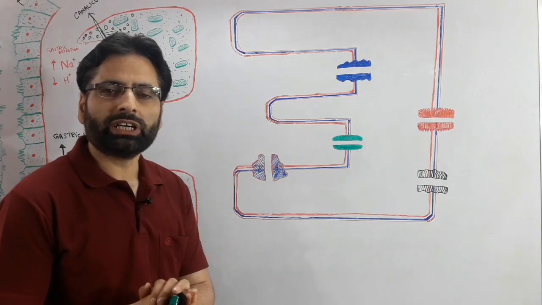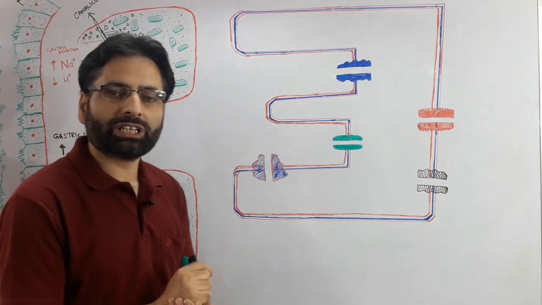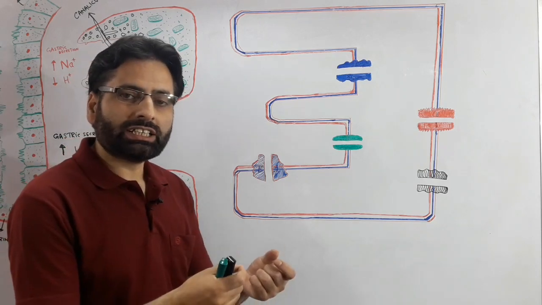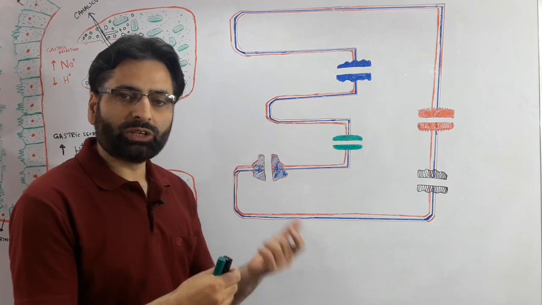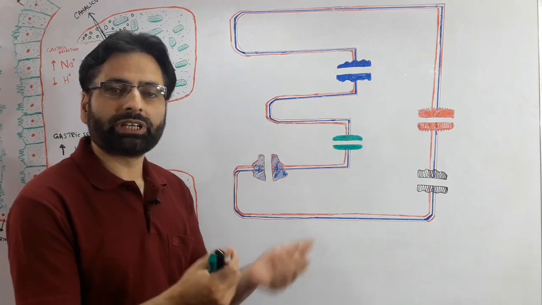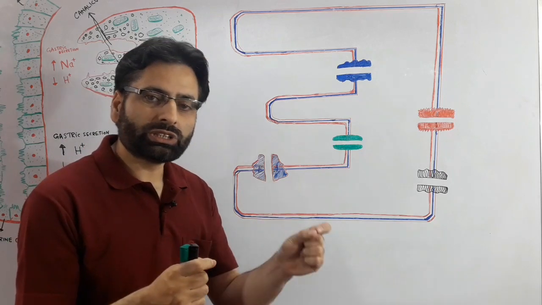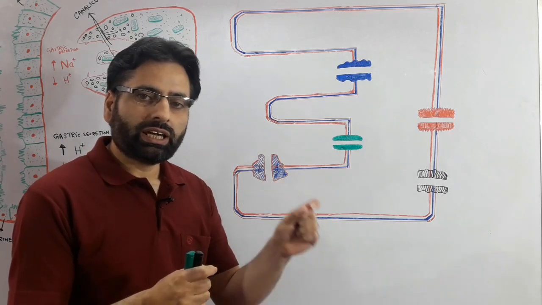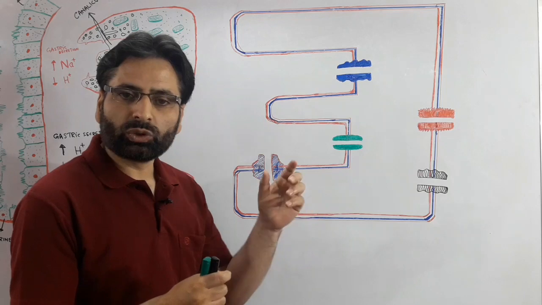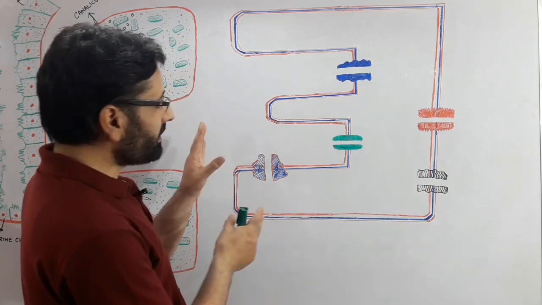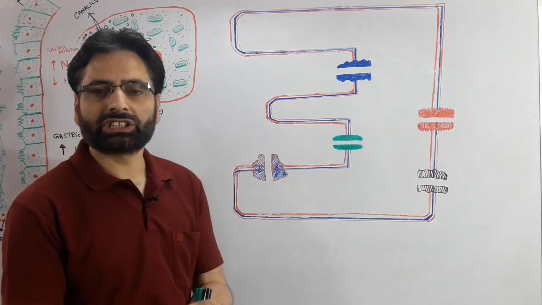A very important point about the secretion of HCl is that the hydrogen ion, or proton, is secreted separately and the chloride ion is secreted separately. That is, there are two channels through which the hydrogen ion and the chloride ion are secreted separately. And the net result in the lumen is HCl.